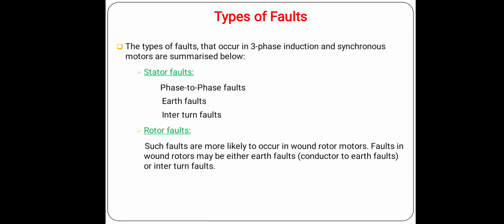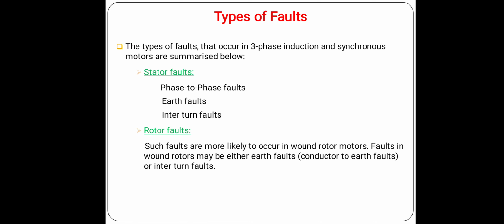Phase to phase faults are rare because enough insulation is provided between phases, while earth faults are more likely to occur. Interturn faults invariably develop into earth faults, so it is considered unnecessary to provide separate protection against interturn faults.